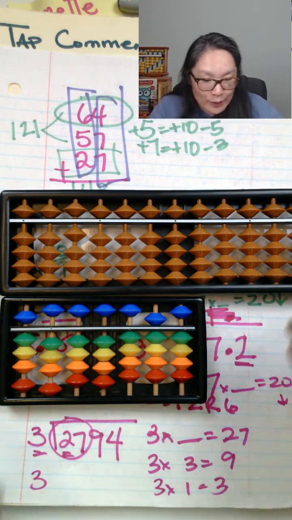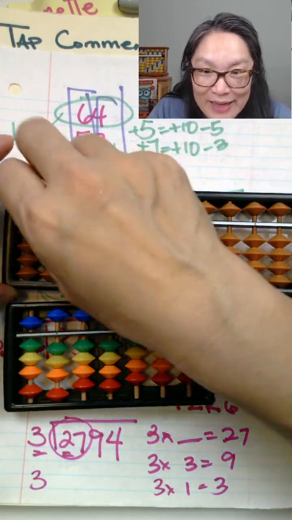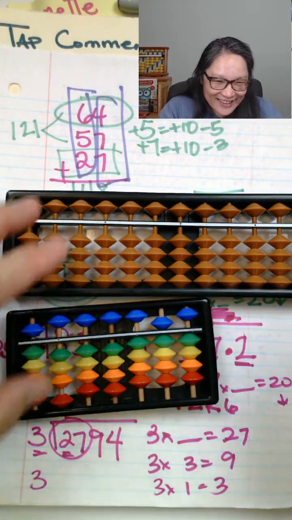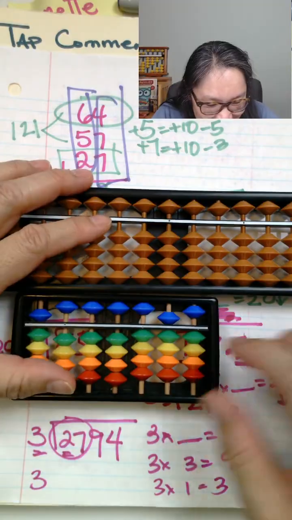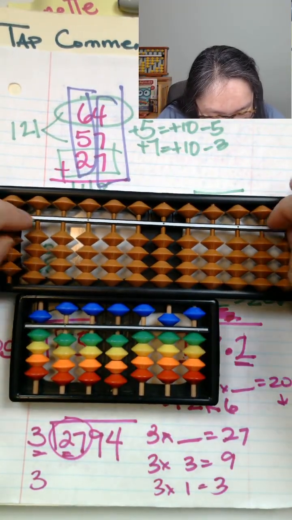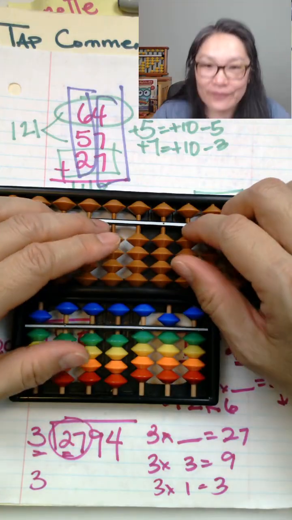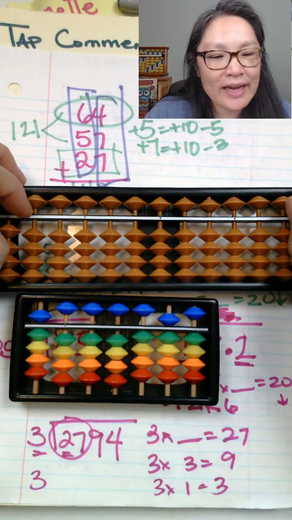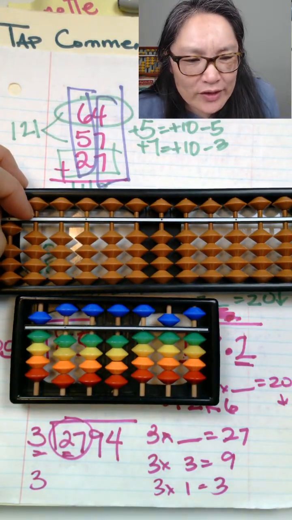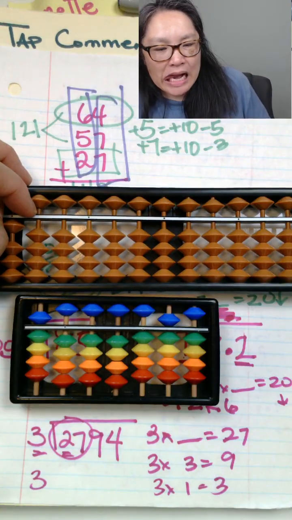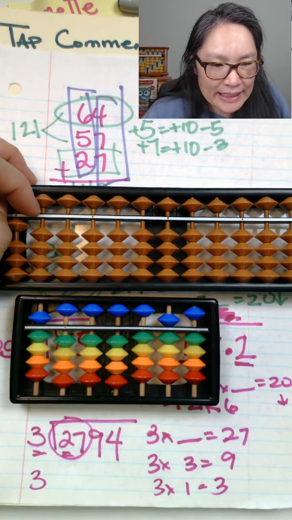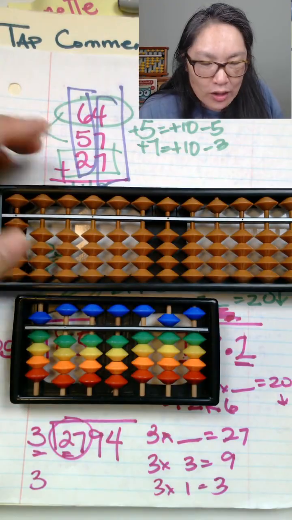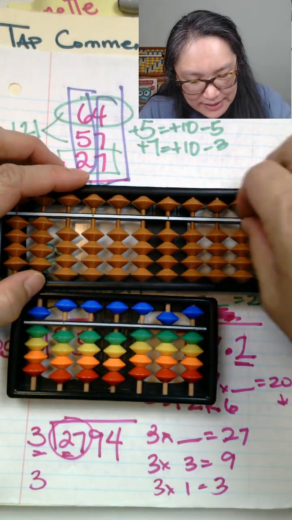Oh, I couldn't sleep. Oh, I can put you to sleep. Let me do some counting on the abacus. You know what? Let's do it. You know how to read the abacus, Eddie? Oh, it's p.m. Yeah, so it's like afternoon for you. How's the weather in the Philippines? Abacus is a counting tool.